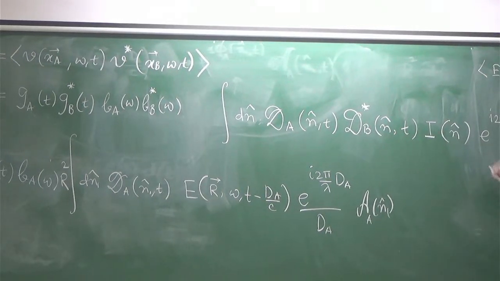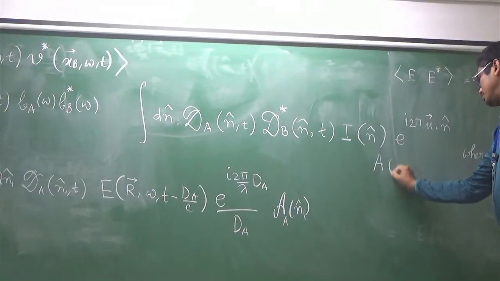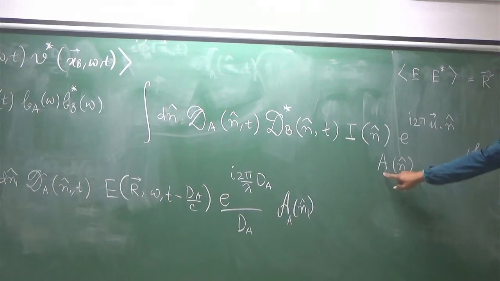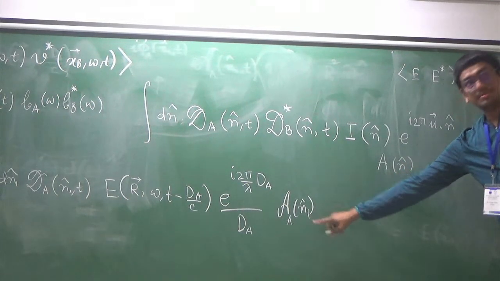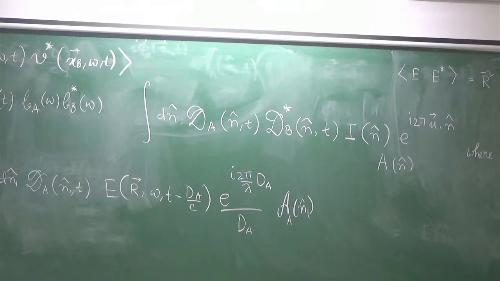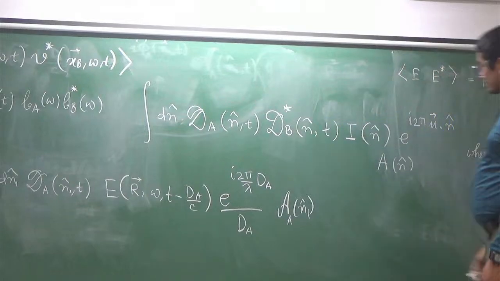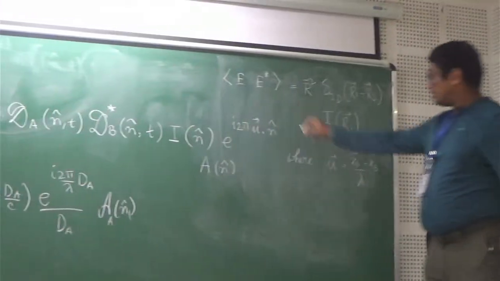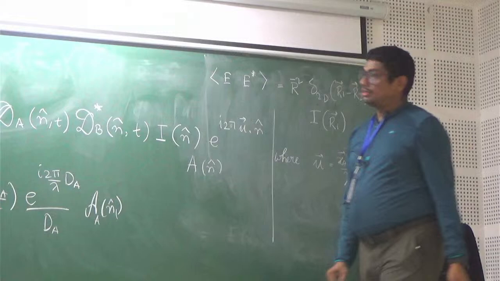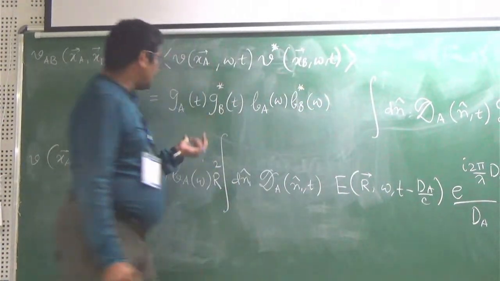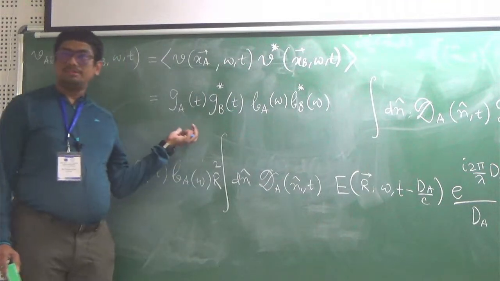I have one more thing, which is the A. Now this A as n cap is modular square of that. So if all the gains are 1, then this is essentially the Van Cittert-Zernike theorem. But all the gains are not 1. Let's see what are the factors for the gain there. There are gains which depend on time.